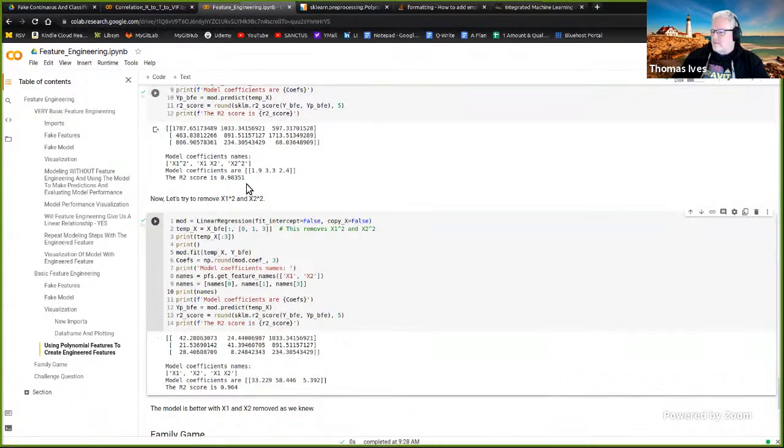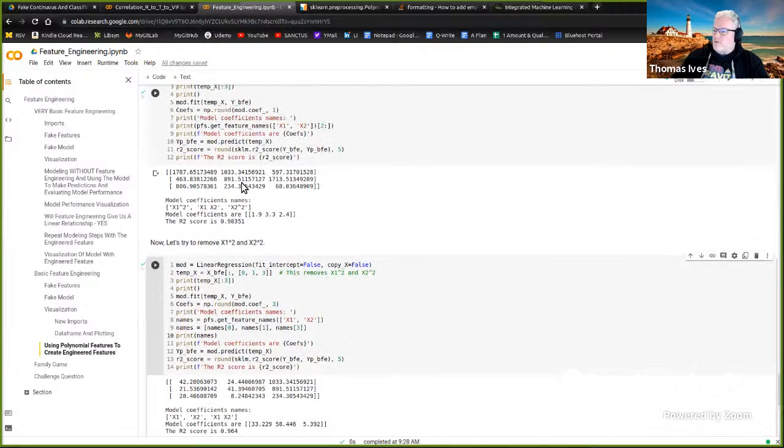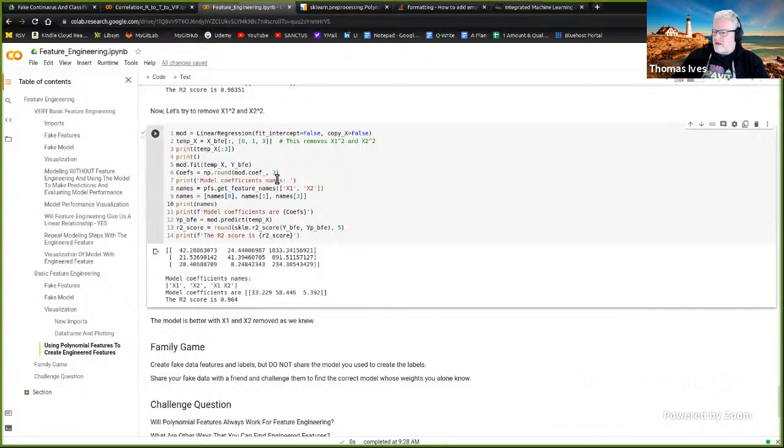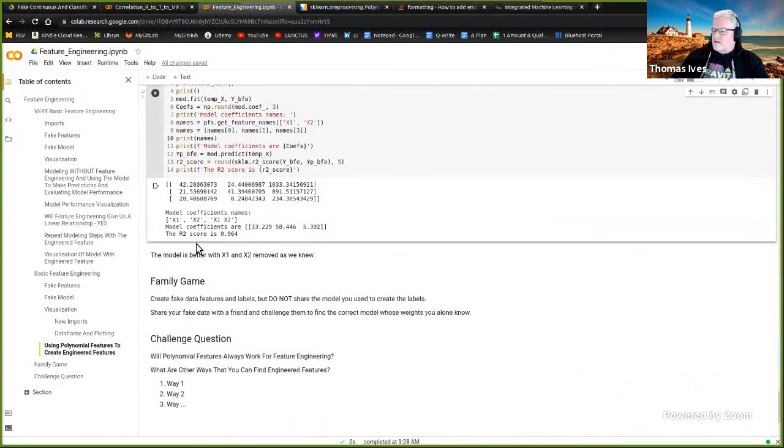Much better. No, it didn't. Excuse me. What happened? Oh, yeah, this is much worse. So we would conclude that we should remove X1 and X2 because we got the better accuracy for that case. So the model is better with X1 and X2 removed, as we knew it would be.